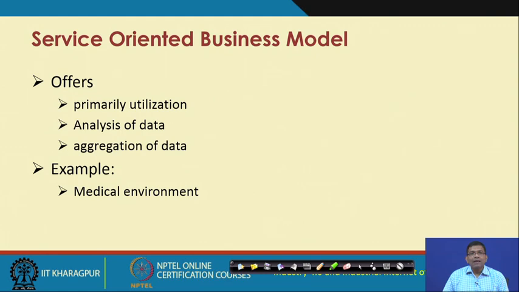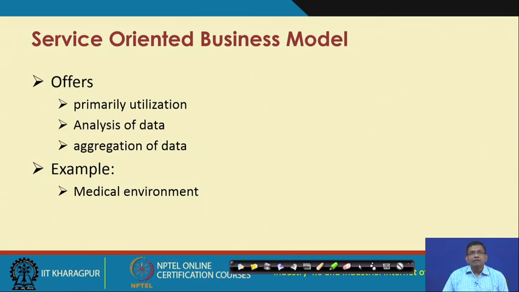So, let me just give you an example of the service oriented business model. In our SWAN lab in IIT Kharagpur, we have developed the AmbuSense system. This is basically an IoT based system for ambulatory healthcare. So, in the ambulances, the health condition of the patients can be monitored.